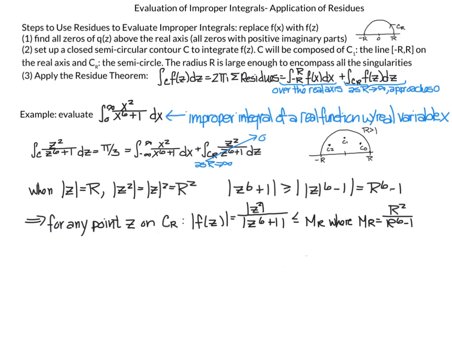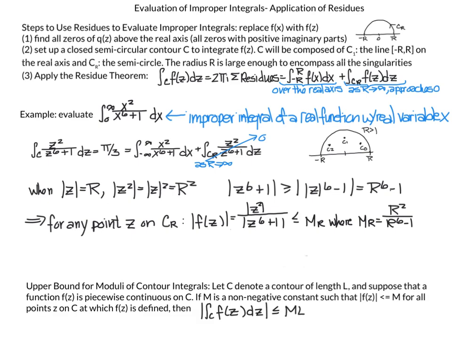And again, like we did for our previous example, we're going to note for any point on our curve C sub R, the modulus of f of z, which is the modulus of z squared over the modulus of z to the 6th plus 1, is going to be less than our maximum value on the circle, where the maximum value is equal to R squared divided by R to the 6th minus 1.